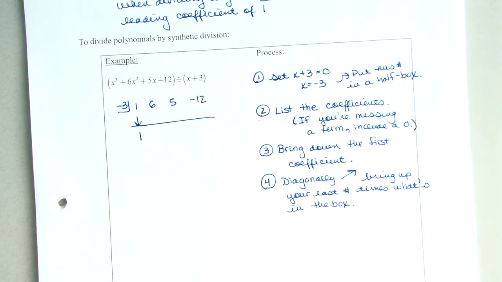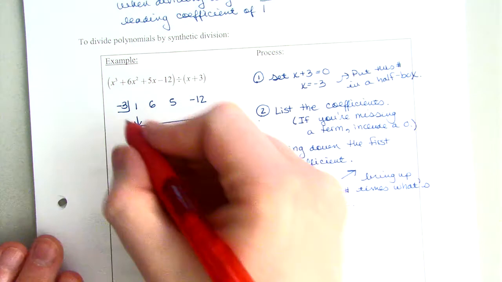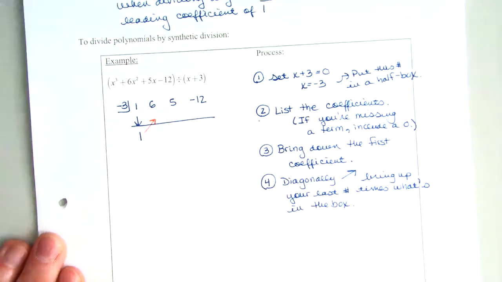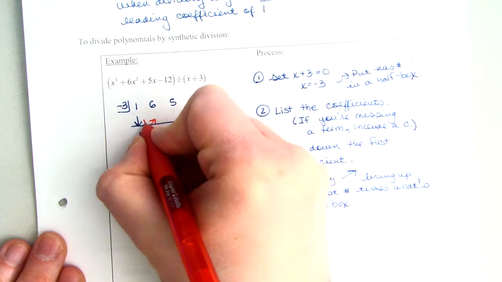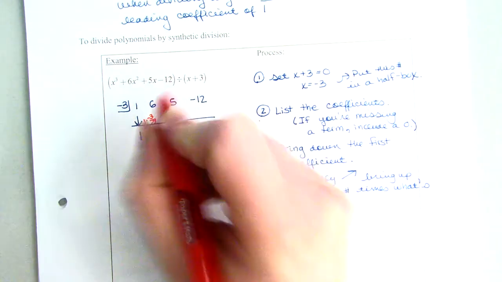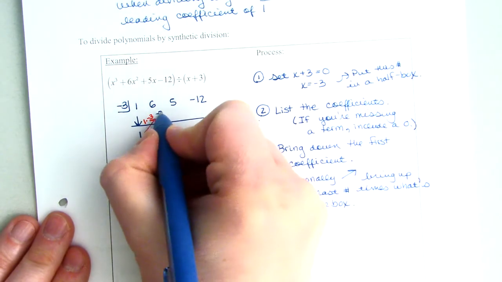Step number 4, diagonally, I'm going to bring up the last number times what's in the box. Which means I'm going to do the problem 1, my answer, times negative 3, which was in the box, and I'm going to get a negative 3.